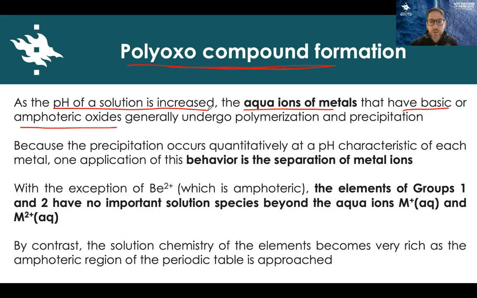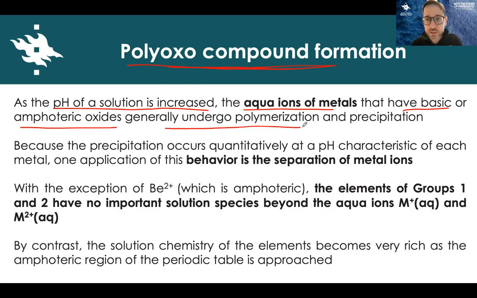Therefore, these aqua ions of metals having basic or amphoteric oxides generally undergo polymerization, as I was discussing, leading to bigger and bigger chains of molecules until a precipitate is formed. Precipitation then occurs as this polymeric network grows.